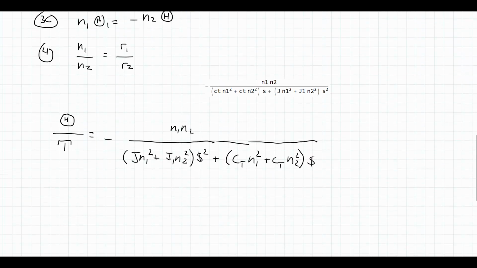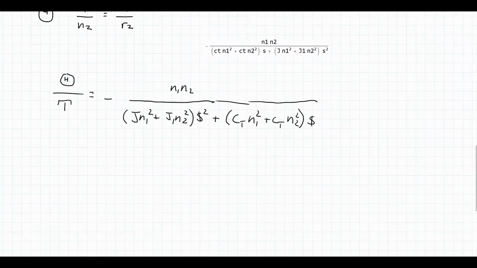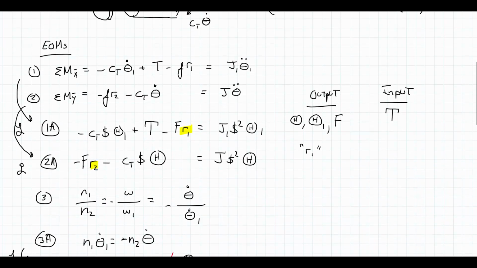Well, fortunately, in the Laplace frequency domain, it's actually easy to go from some variable to its derivative or to its integral, because omega is going to be the time derivative of theta. And to do a time derivative in the Laplace frequency domain, all we have to do is multiply through by an s. So it is true that capital Omega equals s times capital theta. Multiplying by s takes a derivative. And we already know that because we had to do that to go from 1 to 1a and to go from 2 to 2a.